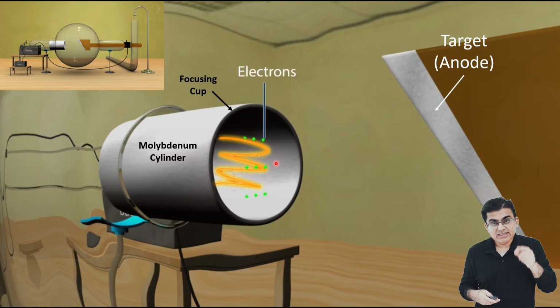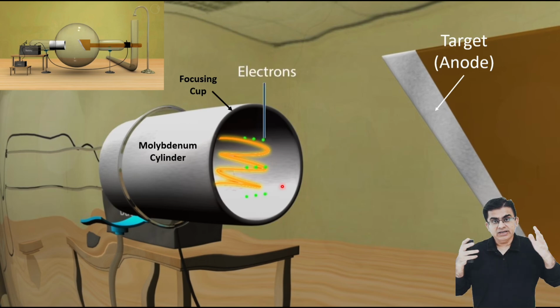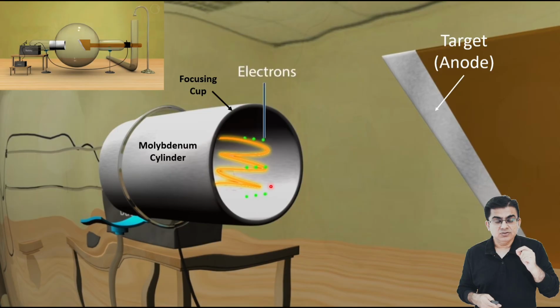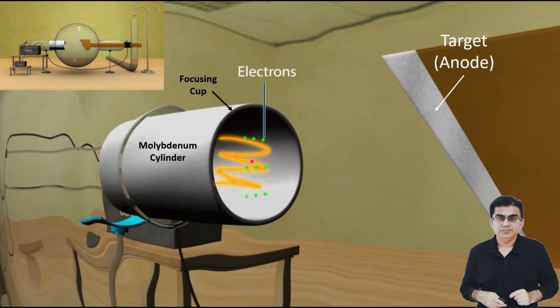If we do nothing at this moment, this cloud of electrons will quickly spread out and scatter in all directions. We do not want that to happen. We need them to travel in one direction and hit a very specific and small area on the anode target. To solve this problem, we keep this focusing cup at a strong negative voltage.